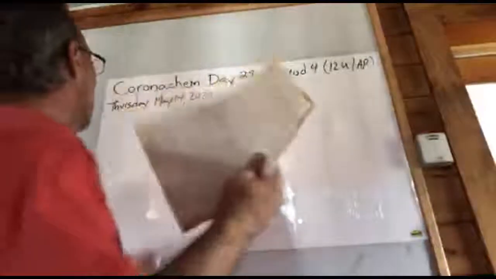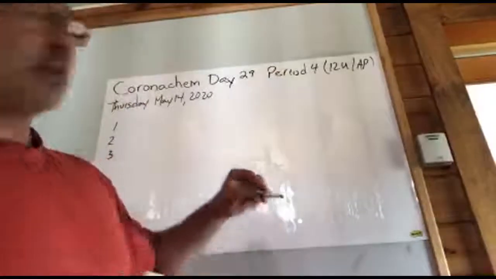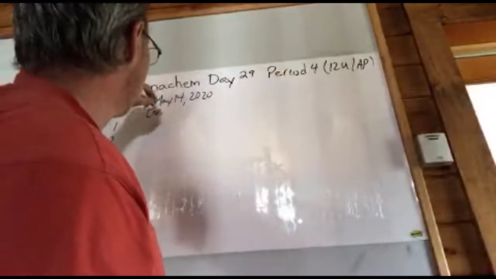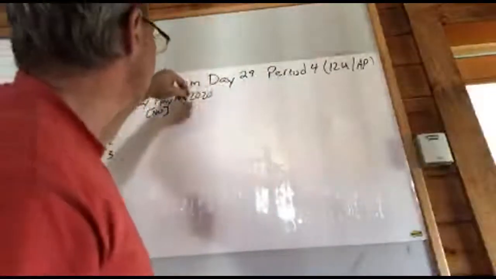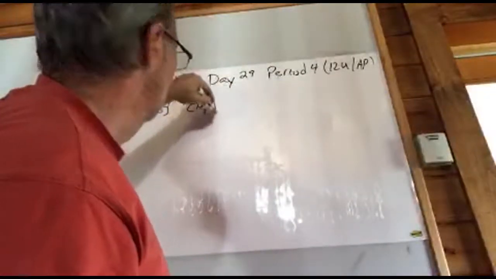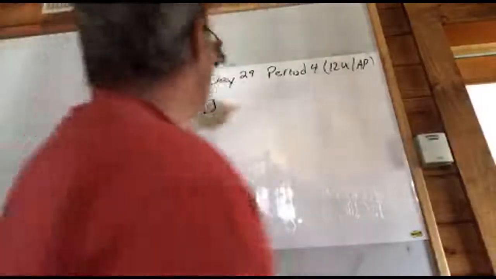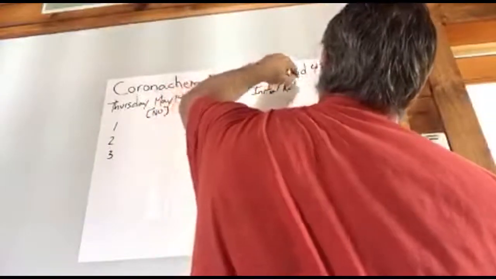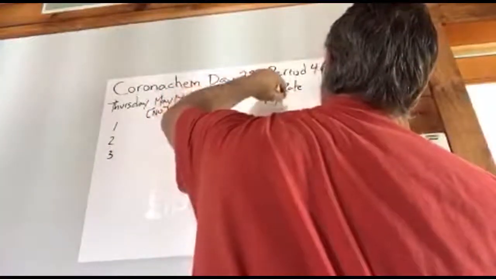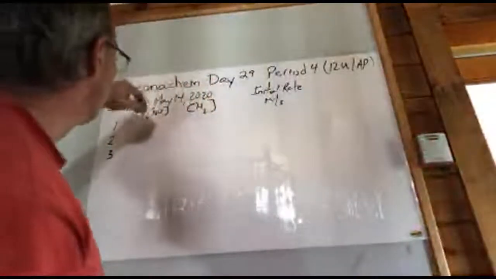So you had 3 experiments, 1, 2, 3. You had NO concentration and H2 concentration, and the initial rate in molarity per second. The NO concentrations were 0.1, 0.1, 0.2.